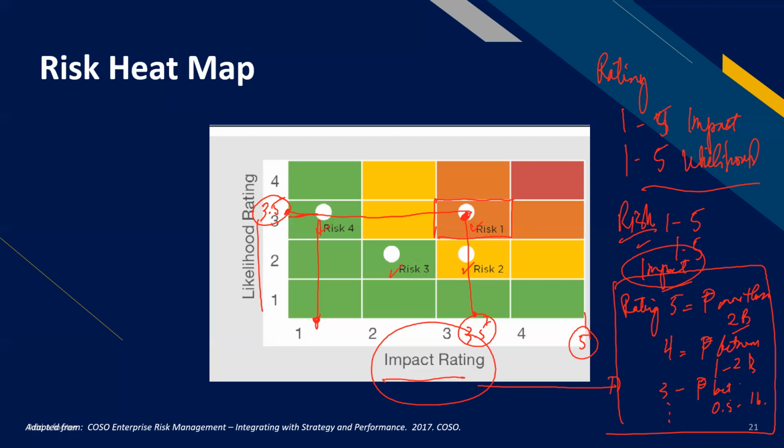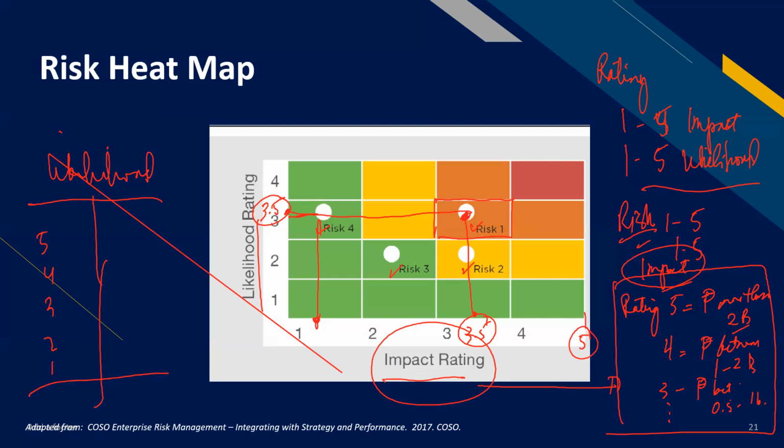Okay? Yung likelihood, for example, pwedeng ang rating is 5, 4, 3, 2, 1. Nangyari na ba yan the past 12 months? Nangyari na ba yan the past 2 years? The past 5 years? The past 10 years? The past 15 years?